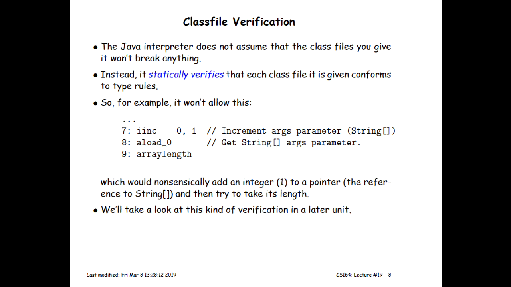And that's a problem because, of course, one of the things you could conceivably do is something nonsensical. For example, you could try to increment the args pointer, the pointer to the array of command line arguments, and you could treat that as an integer and add 1. I mean, in assembly language, you could do things like that. Well, that turns it into a completely nonsensical pointer.